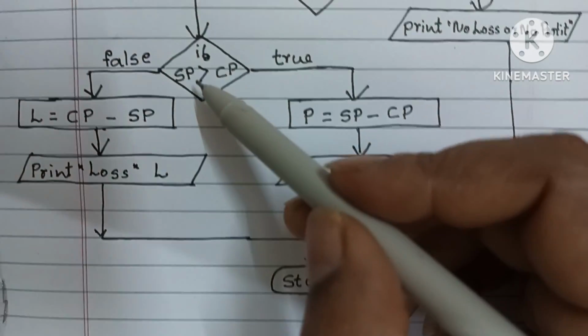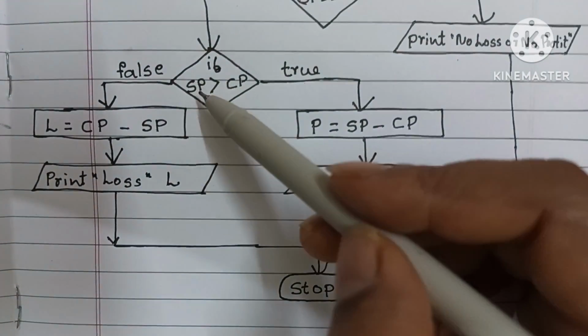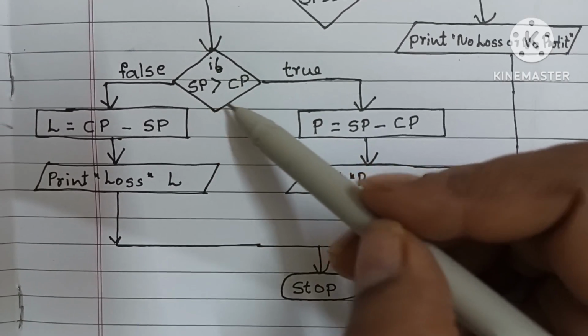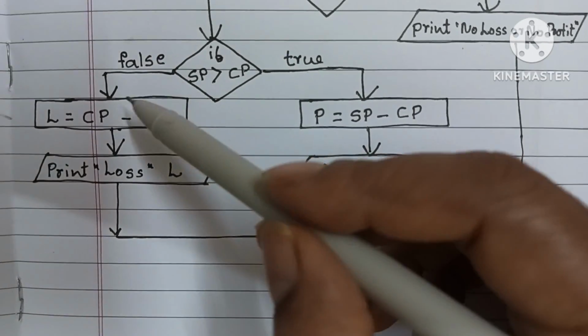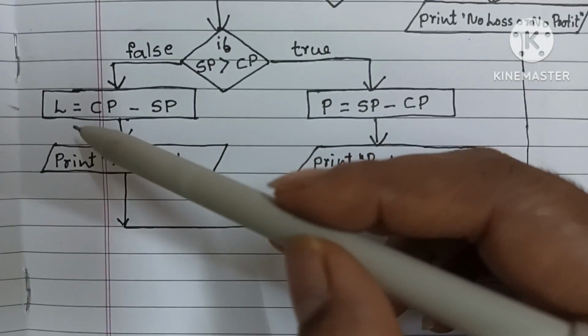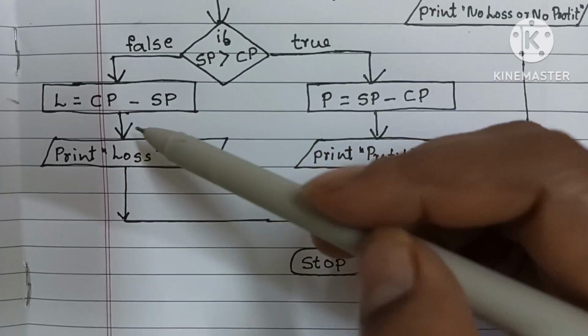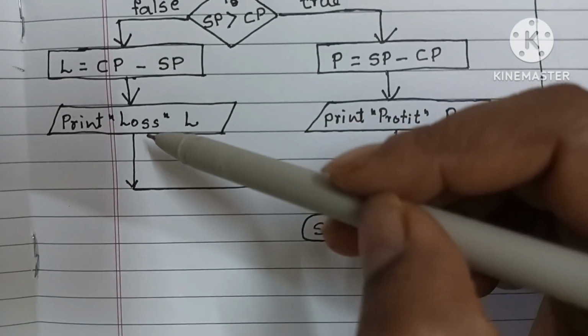If this condition is false, we have to calculate loss, right? If SP is greater than CP, if this condition is false, it means cost price is greater than selling price, right? If this condition is false, we have to calculate L, that is loss. L is equal to cost price minus selling price. Next we have to print, we got loss, right?